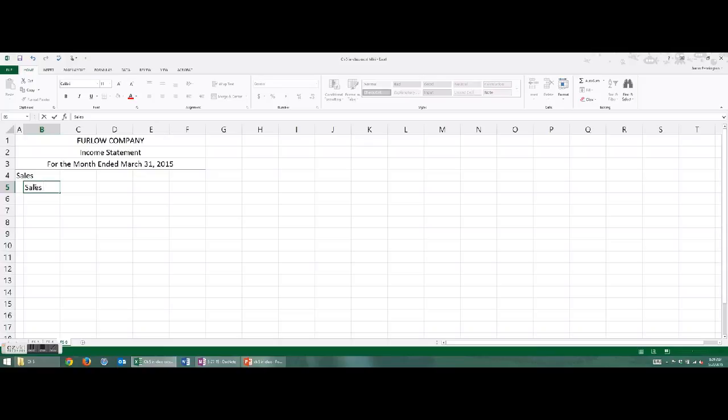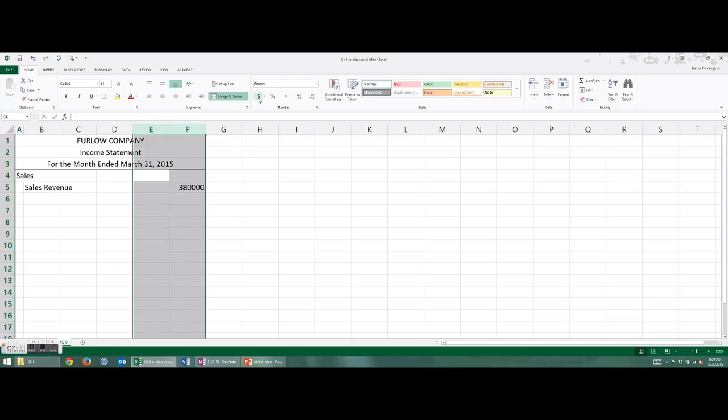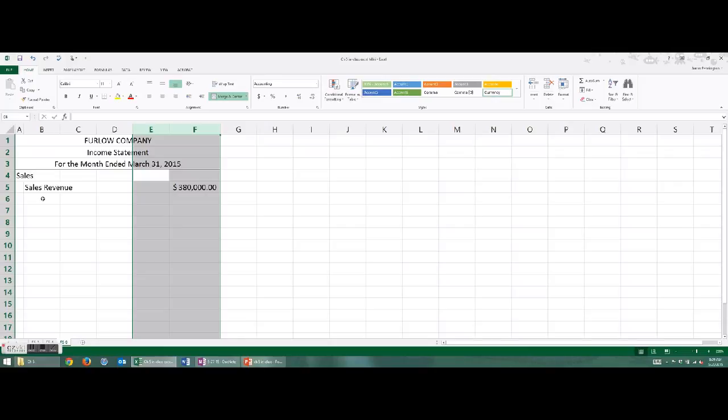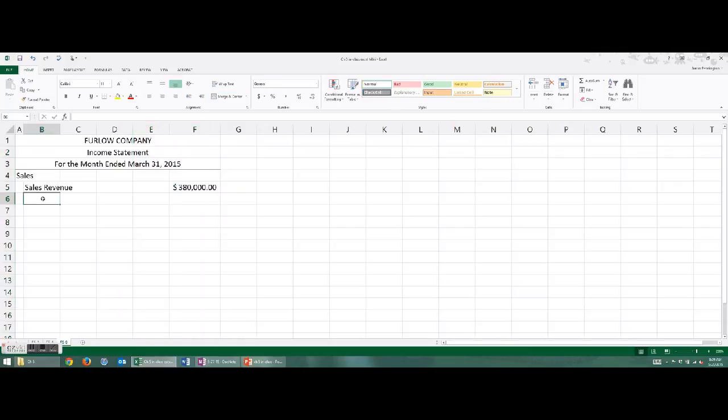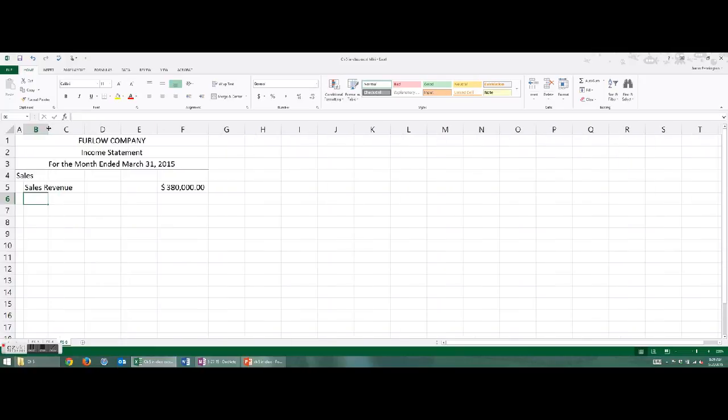Alright, so we start with sales revenue, and here it's listed $380,000. But keep in mind we have to back out sales returns and allowances and sales discounts. So we'll do that.